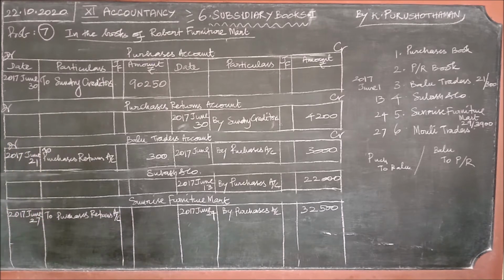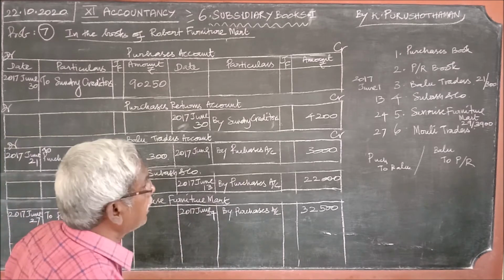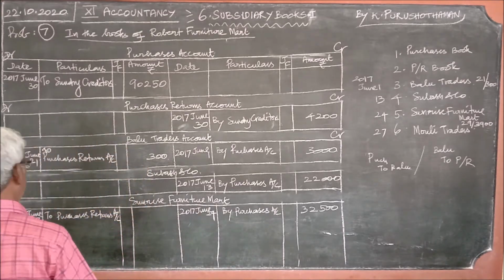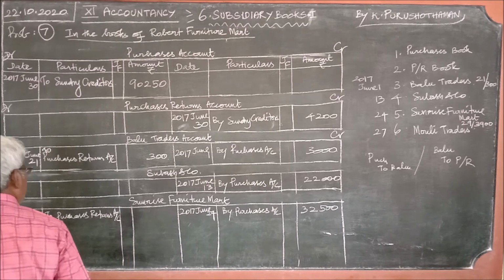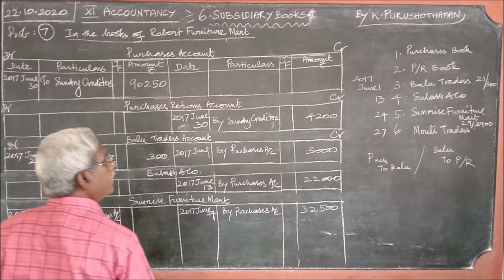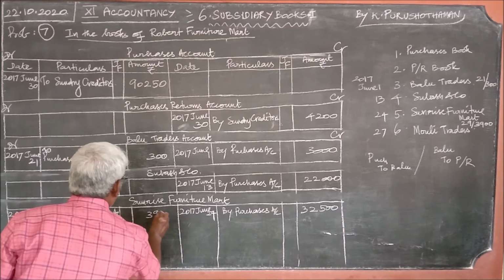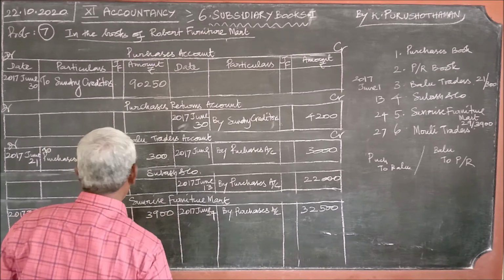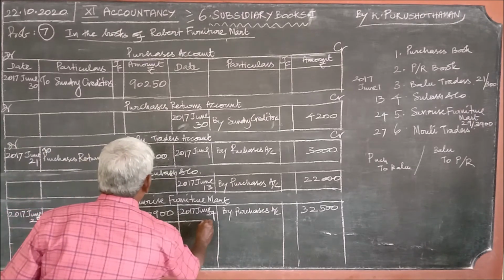The amount is on the 27th or 29th? It is the 29th, Sunrise. On the 29th the returned value is 3,900. The postings are made and this ledger is over.